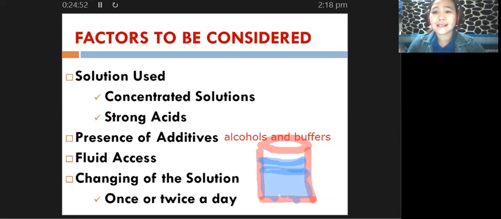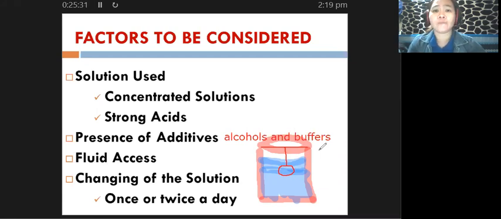According to our references, you have to suspend it in the upper portion of your fluid. So if this is your setup, you have to suspend it in the upper portion of your jar or your container.